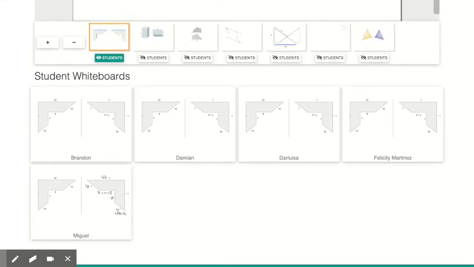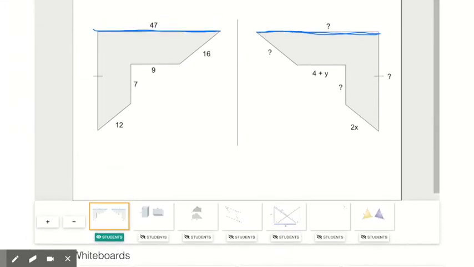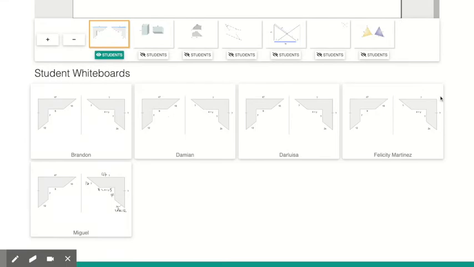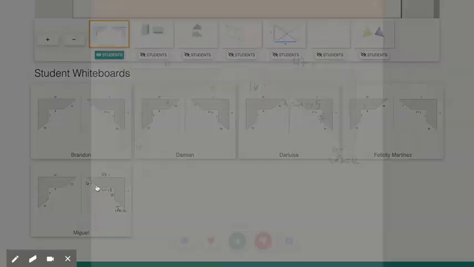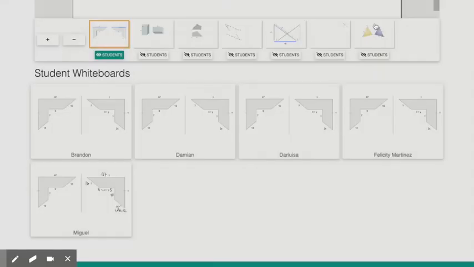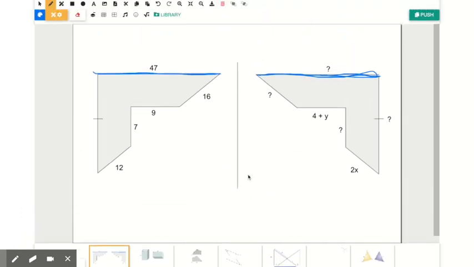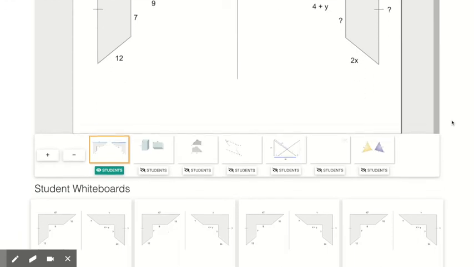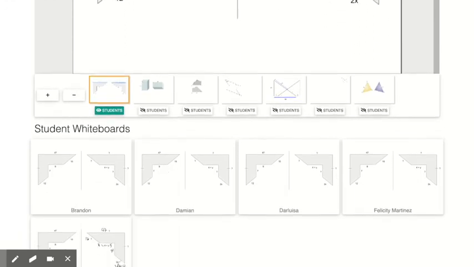So how do we start this? How do we figure out what this number is? Miguel, can you get us started on this conversation? Let's start with the top, this question mark. How do I figure out what this question mark is? The 47 on one side and the question mark?